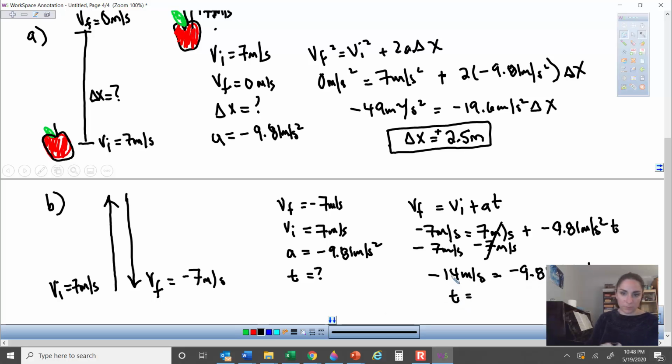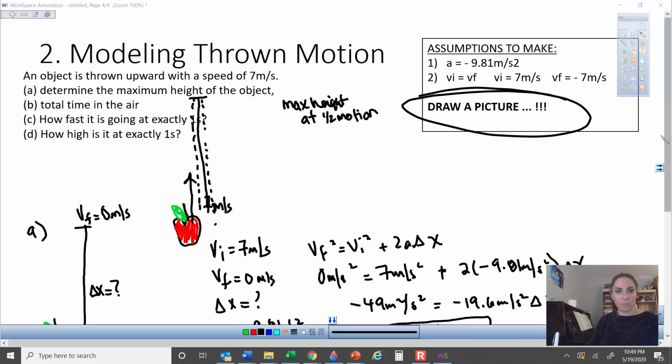T will equal negative 14 divided by negative 9.81. 1.43, I can round, like that. So that's our time. That's the total time. That's the up and the down.